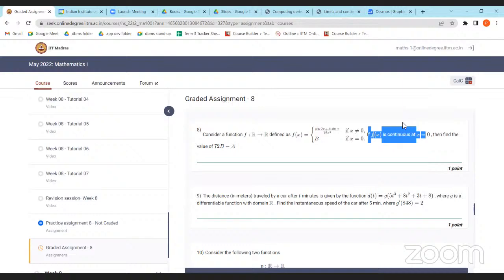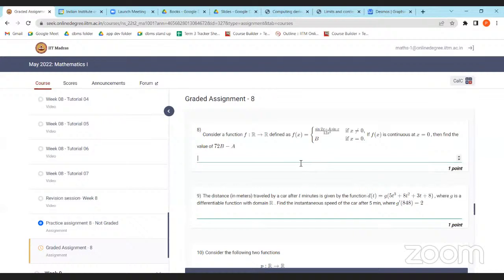From that you will get the value of a. Just equate this and apply this concept. I will not discuss this question as a graded part, but when the function is continuous, the left hand limit should equal the right hand limit, and f of 0, here x equals 0, should equal the limit as x tends to 0 of this function.